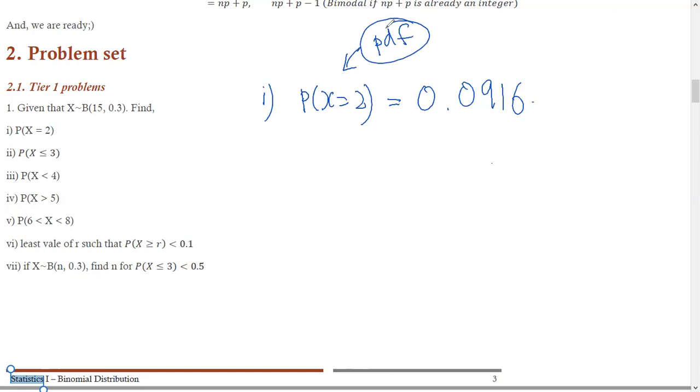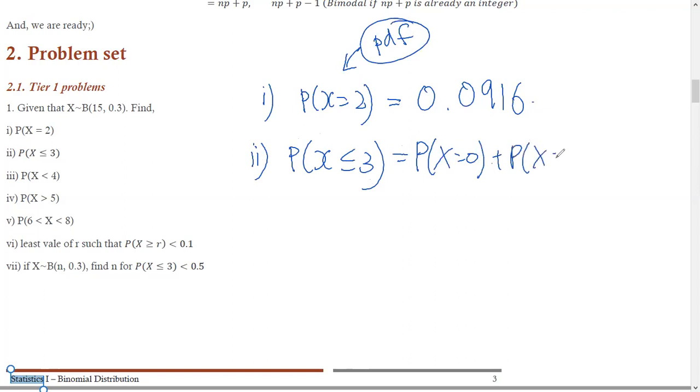Next, moving on to part 2. What if I want to calculate P(X less than or equals to 3)? What does this mean? If I were to break it down, this is equivalent to P(X = 0) plus P(X = 1) plus P(X = 2) plus P(X = 3).